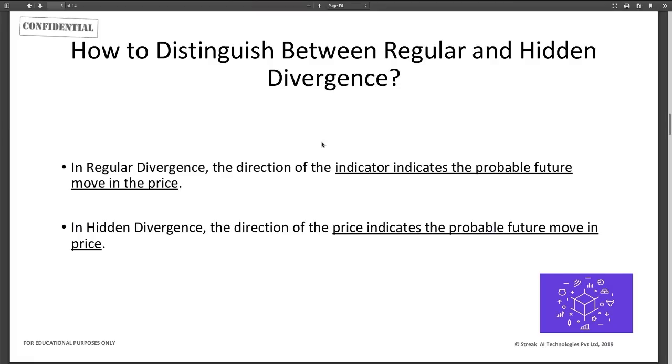We'll cover that in detail, but keep this in mind: in a regular divergence, the indicator indicates the future of the price, whereas in hidden divergence, price indicates the probable future move of the price itself. Okay, is this clear?